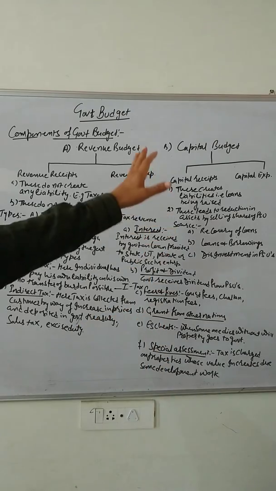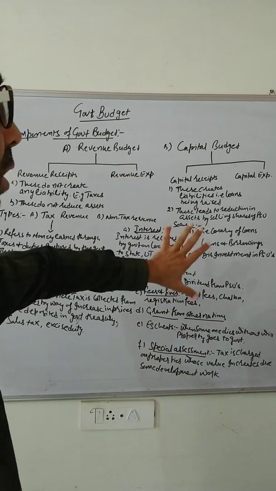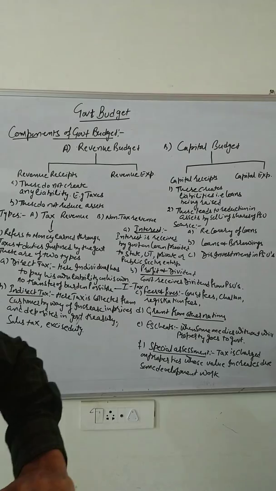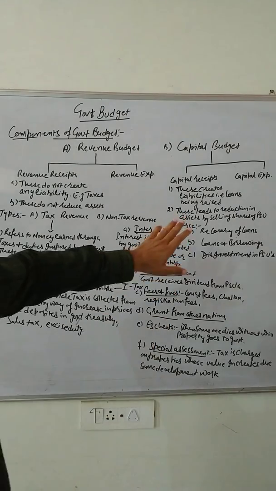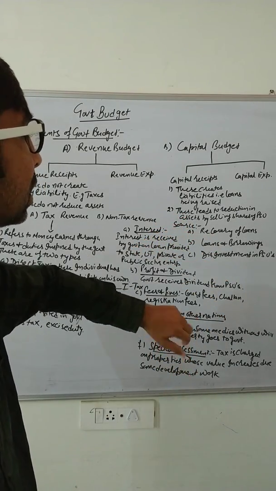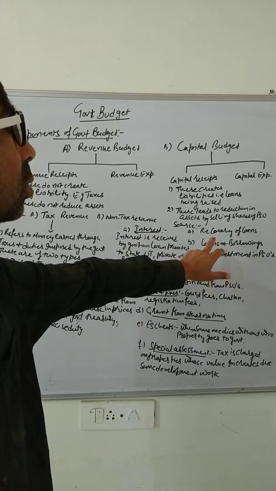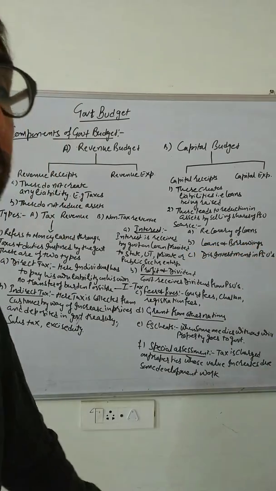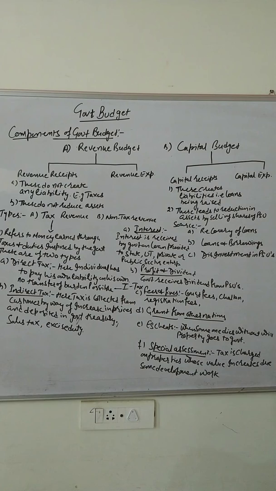Now moving over to the capital receipts, the sources of capital receipts. First source of capital receipt is the recovery of loans. Whatever loans we have given to various agencies like state government, union territories, or various other bodies, we are recovering that loan from them for carrying out our activities.